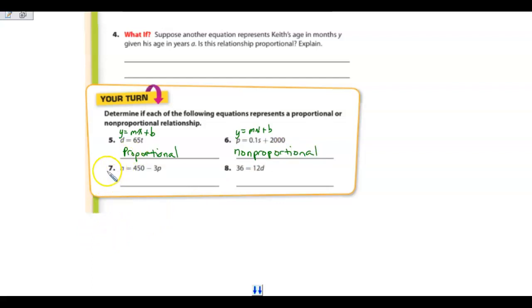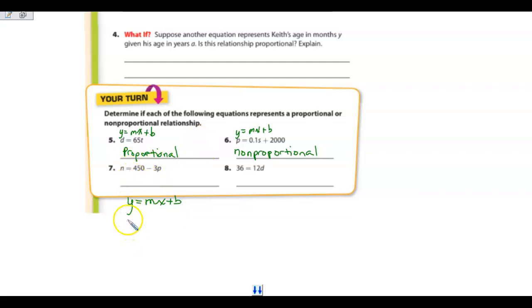Take a look at number 7. It's written just a little different, but we can maneuver some of the information around so that it fits by just rewriting this side of the equation.